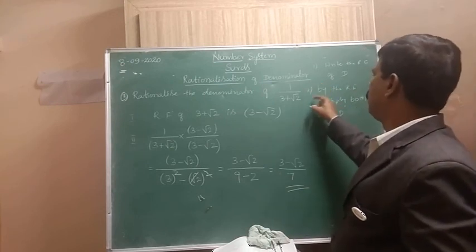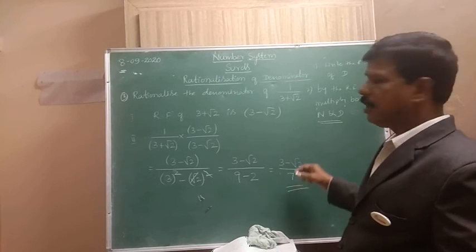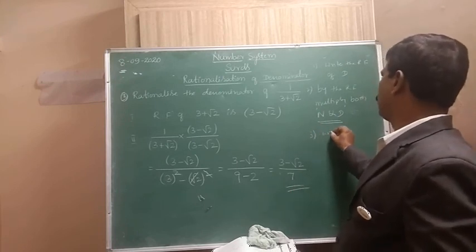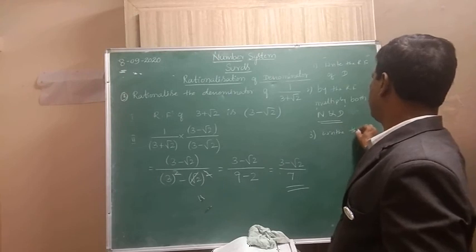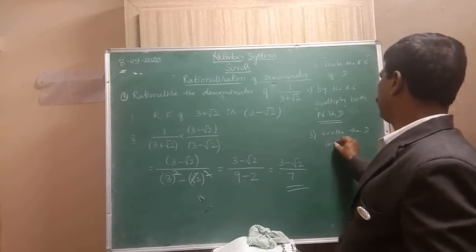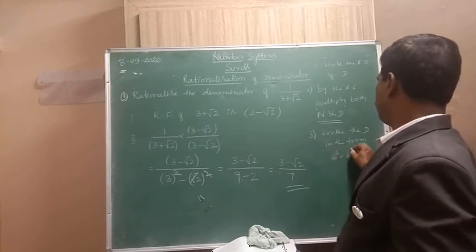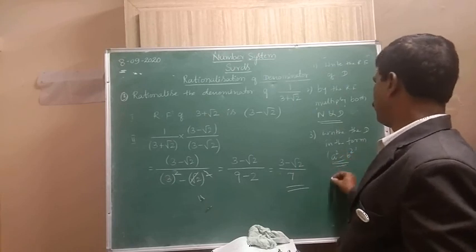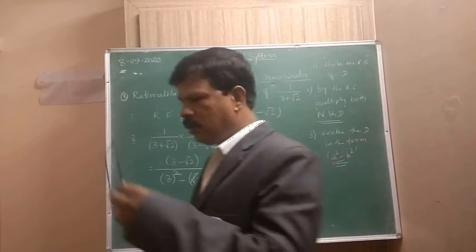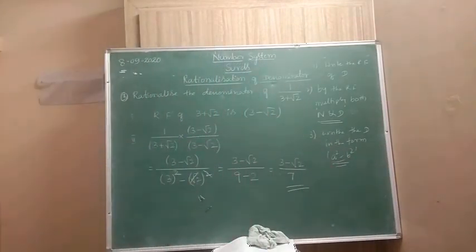Second step, multiply both numerator and denominator by the RF. Third, write the denominator in the form a square minus b square, and then simplify. So these are the steps you should follow while rationalizing the denominator. Clear? Understood? Now go through the textbook. In the textbook you don't have many problems, but go through the reference books and do the problems. Clear?